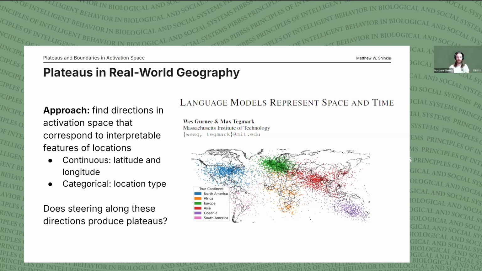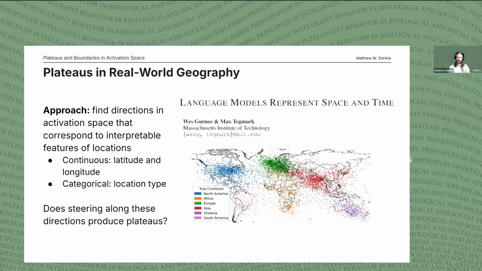This is a very cool paper which showed that you can use linear probes to find directions in the activation space of LLMs which closely correspond to latitude and longitude of real-world locations. Another way to think about this is that there is a plane that you can find in the activation space of LLMs which, when points are projected onto it, the points are arranged like a 2D map of the world, which is cool.